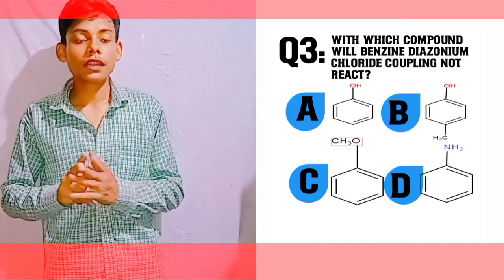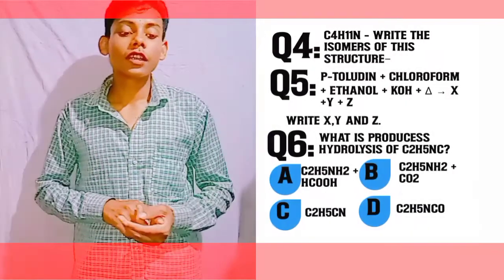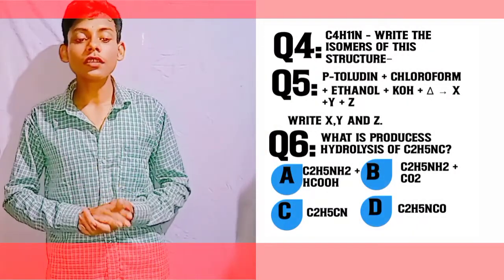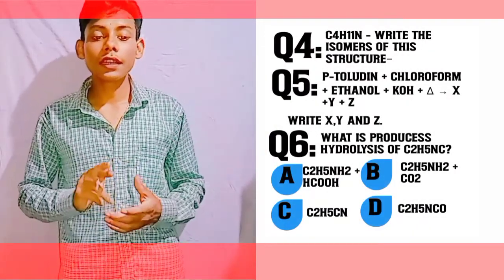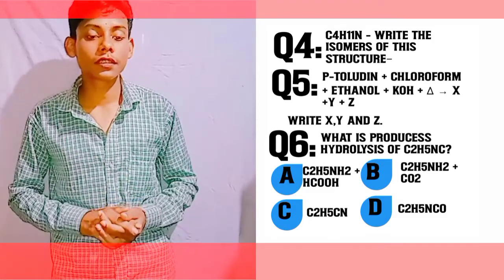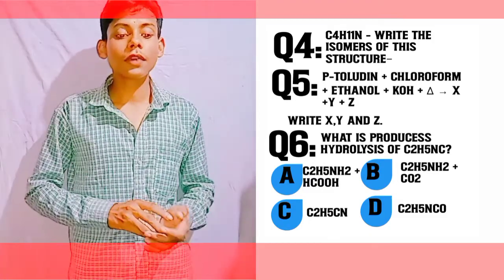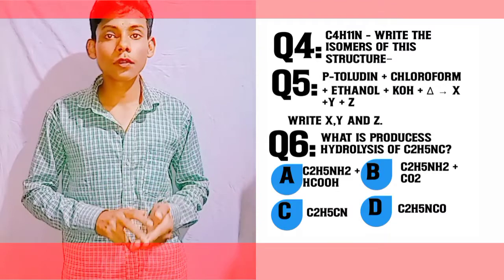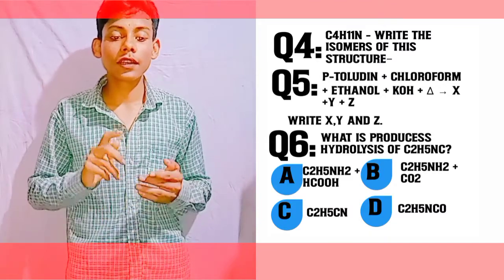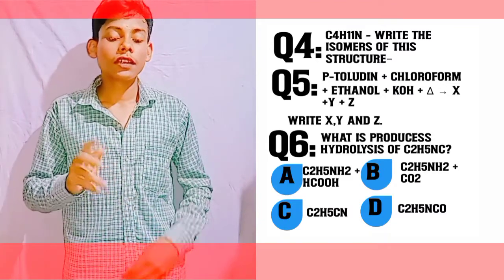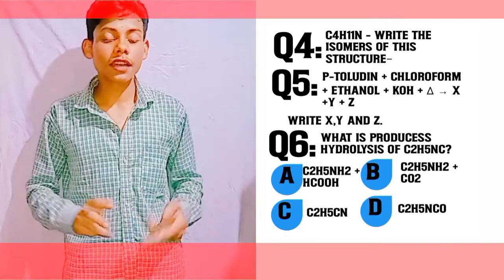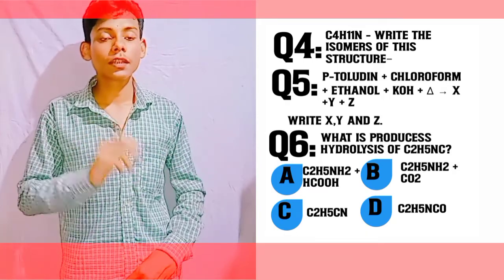Please answer me in the comment box. Then next question: C4H11N, write the isomers of this. Then paratoluidine plus chloroform plus ethanol plus KOH gives X, Y, Z. What is XYZ? Write XYZ. Please answer me in the comment box.